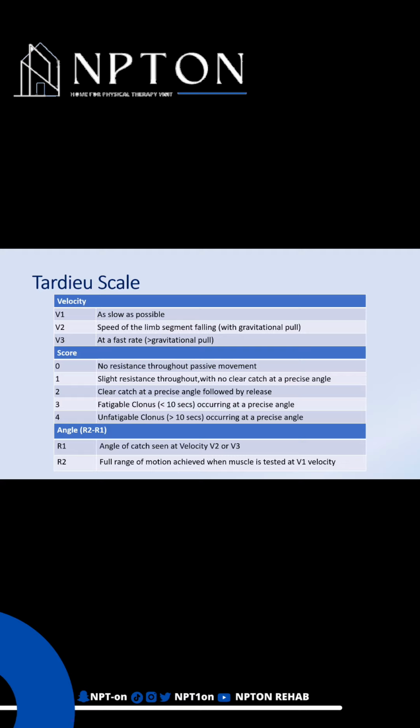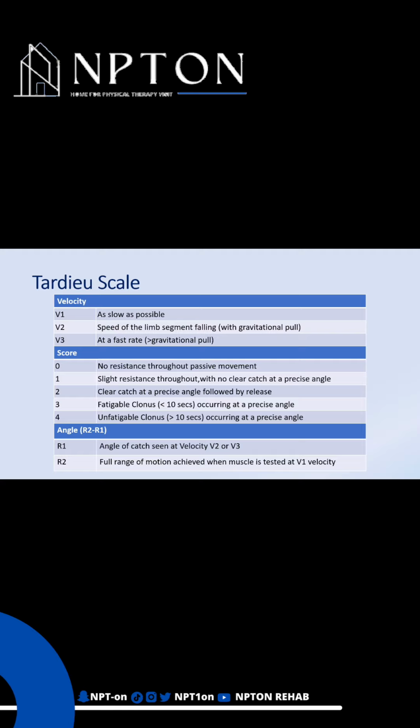Tardieu scale is another tool used to evaluate spasticity. However, it requires a longer time for clinician and patient. In Tardieu scale, the movement is performed at different speeds: V1 at slowest possible, V2 at the speed of the limb falling under gravity, V3 is at fast rate, where we do the fast passive movement.